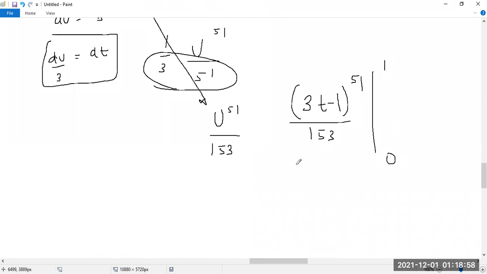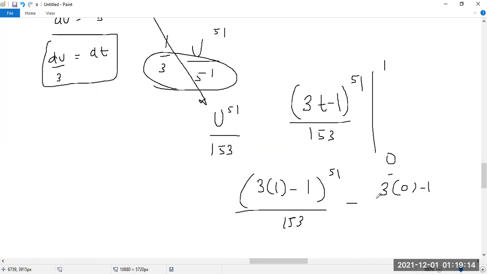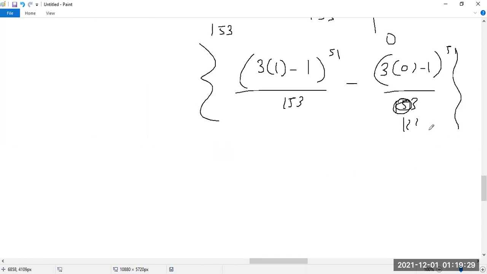And then what we'll do is 3 times 1 minus 1 to the 51 power over 153 minus 3 times 0 minus 1 to the 51. Well, actually, it would be negative 1 to the 51, which would be 150, and then over 153. And then I'll leave it to your discretion to do that.